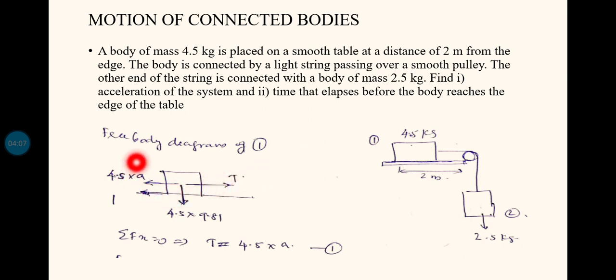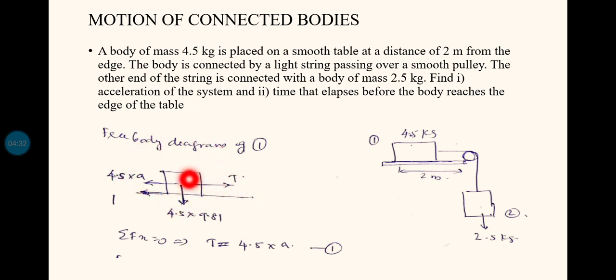So for dynamic equilibrium, tension will be acting in this direction, weight will be acting downward, and inertia force, that is m into a, 4.5 into acceleration, where a is the acceleration of the body, acting opposite to the direction of motion of this body. So with all these forces this body is in dynamic equilibrium now. I think the concept is clear.